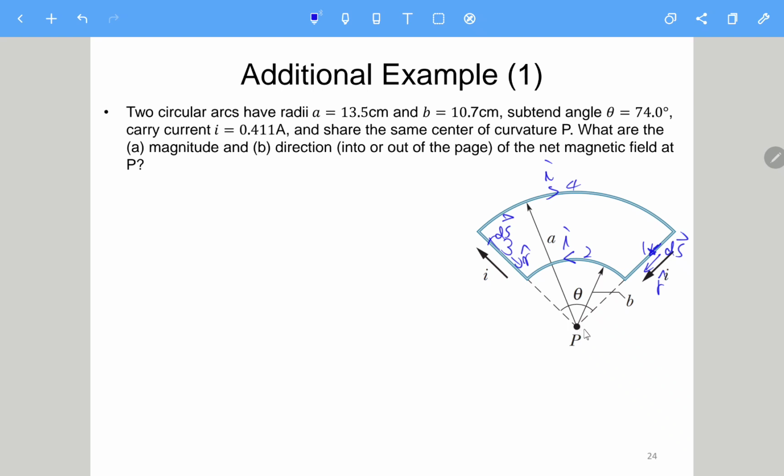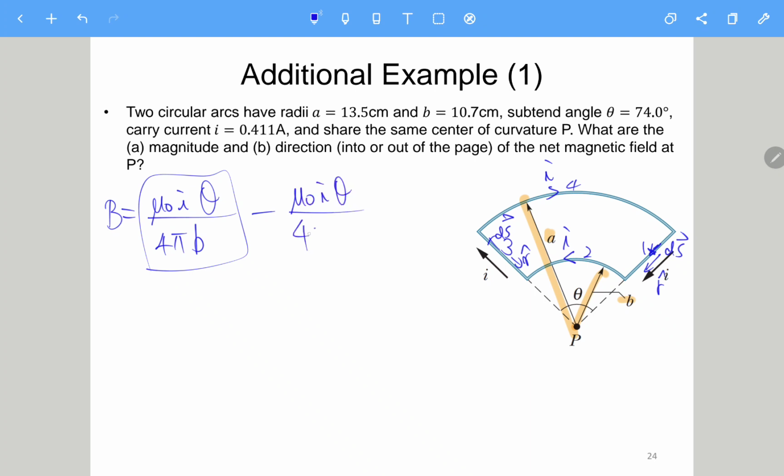So B field will be mu0 I theta over 4 pi B. B is this one, A is this one. You can consider this term is larger, and then minus mu0 I theta over 4 pi A. Why is one positive, why is one negative? Because using the right hand rule, you use your forefinger to follow this direction, your thumb will be pointing out of the page due to segment 2.